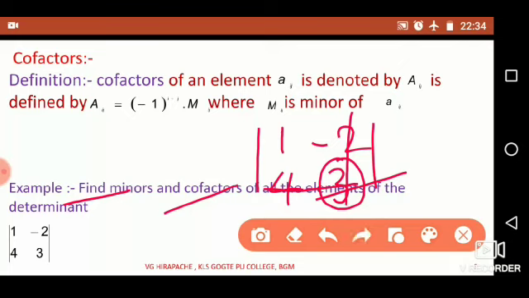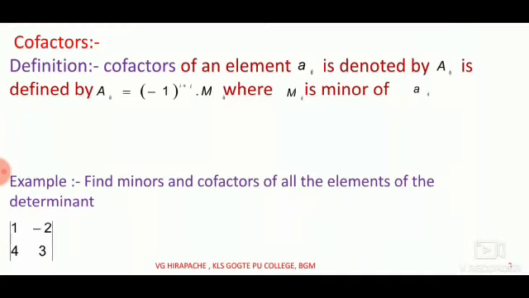Therefore, this value 1 is the minor of 3. My dear students, you can observe the given determinant is of order 2 cross 2, and the minor of an element is of order 1 cross 1. The same problem let me explain in the next slide.